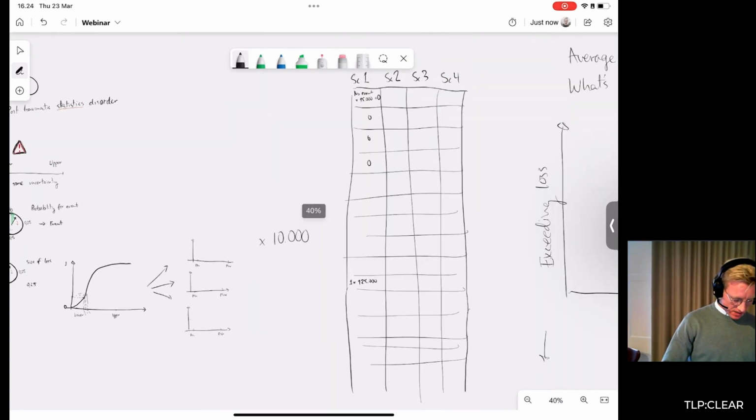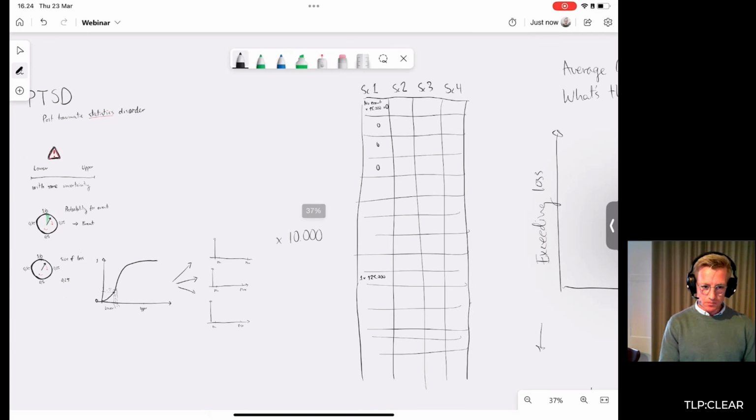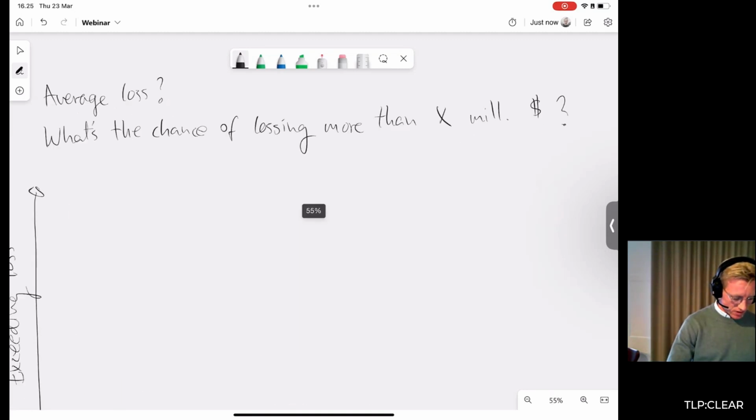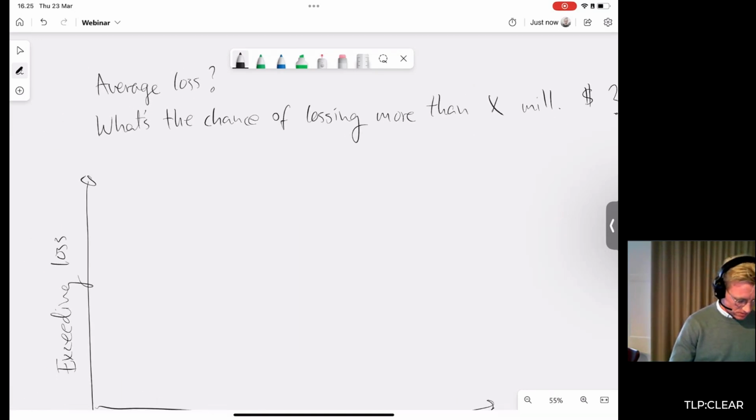Try now in your mind just to populate this table all the way down with 3 or 4 different scenarios. We are able to ask better questions now. We're able to ask questions like, what does my average loss look like for scenario 1, for scenario 1 and 2, for the whole portfolio of scenarios?